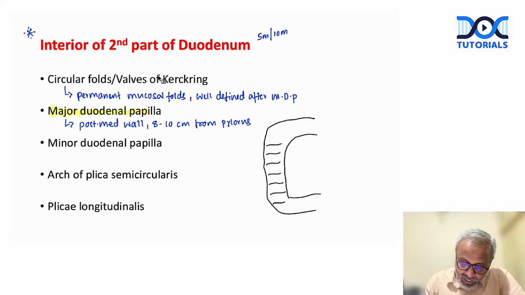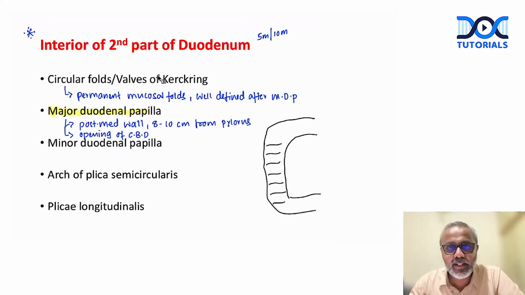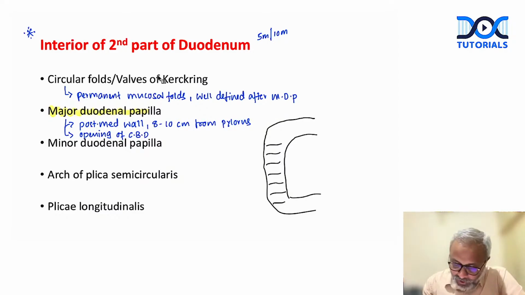Then it represents the opening of the common bile duct, so this is where the common bile duct opens. One other point I want you to highlight is that this represents the junction of the foregut and midgut.